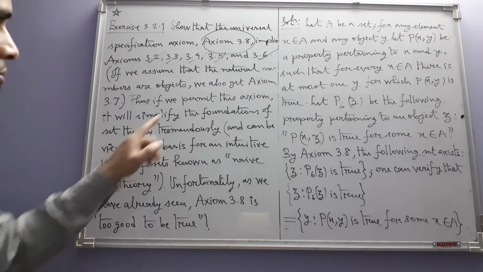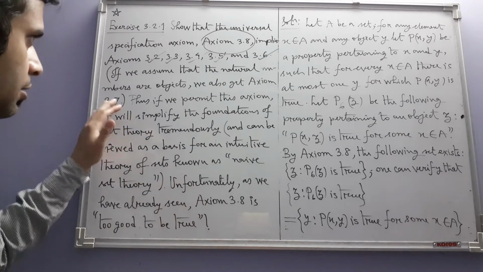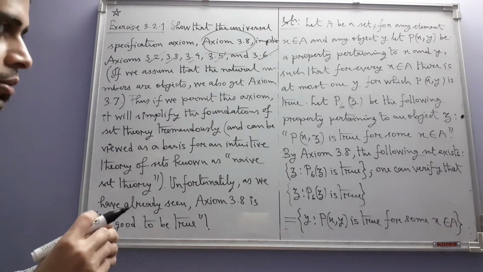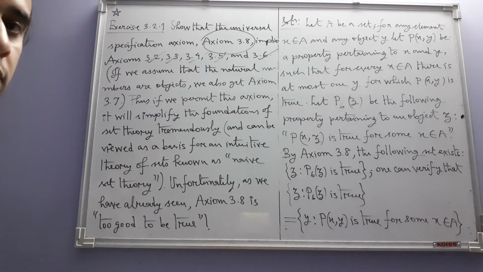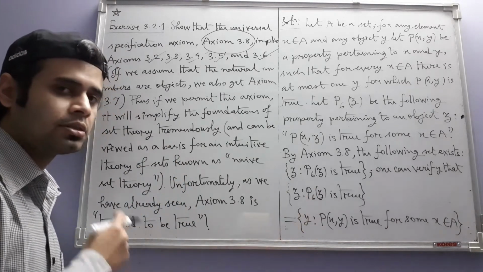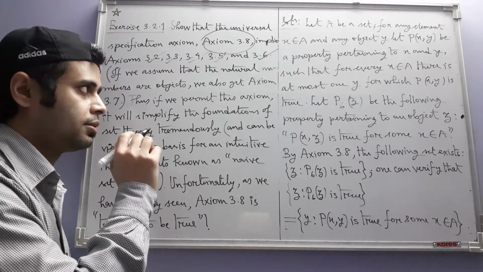Note, however, that axiom 3.7, the axiom of infinity, does not just say that the collection of all natural numbers is a set. It says more. Actually, it defines natural numbers using Peano's axioms.